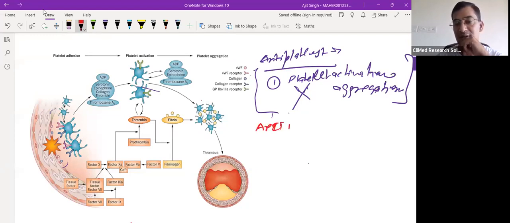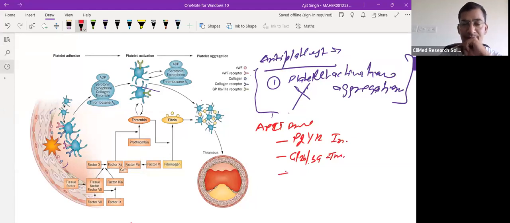Antiplatelet drug classes. One, someone told me P2Y12 inhibitors. And someone has told me GP2B3A inhibitors. Right?